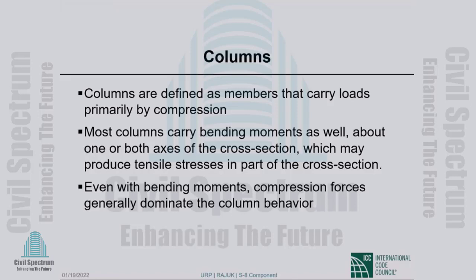There are hardly any columns that are not also subject to bending moments. And when theoretically there is no bending moment, we still consider a minimum eccentricity of the applied axial load, which will give us a minimum bending moment that we design for anyway.